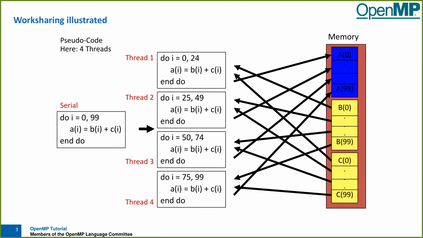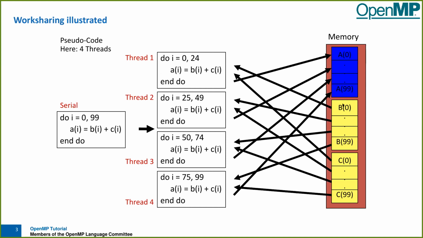Here, this is kind of pseudocode, or it looks pretty much like Fortran. In the sequential version of the code, I would iterate from 0 to 99, and now this is being split up to be executed by 4 threads, OpenMP num threads equal 4. What happens is as follows: there's thread 1 that iterates from 0 to 24.